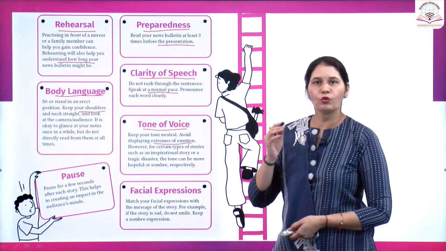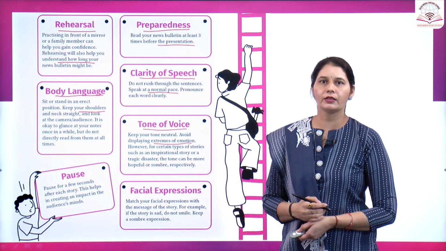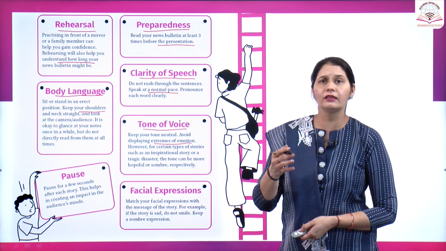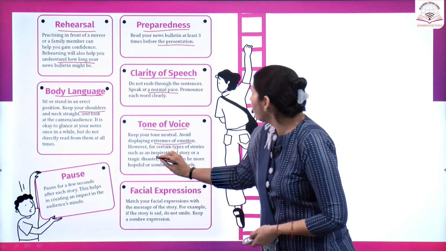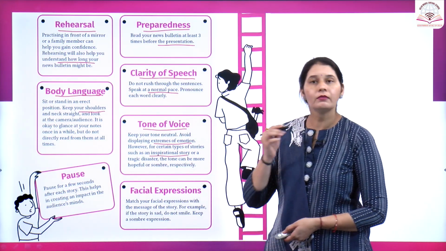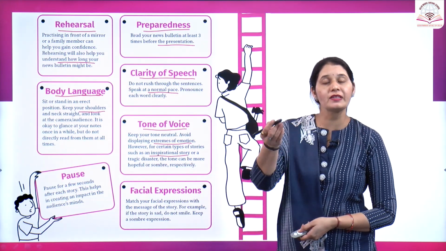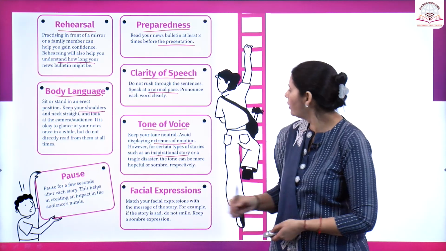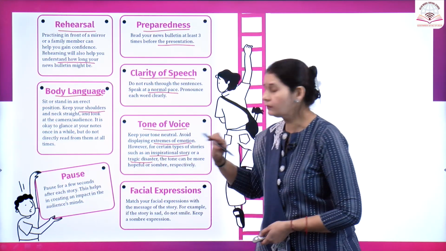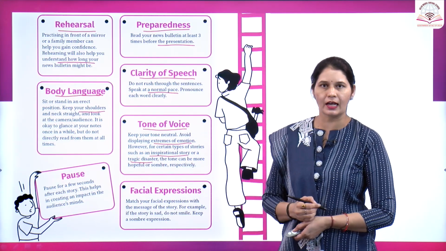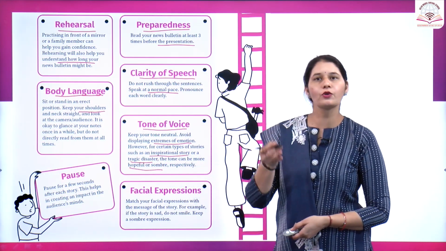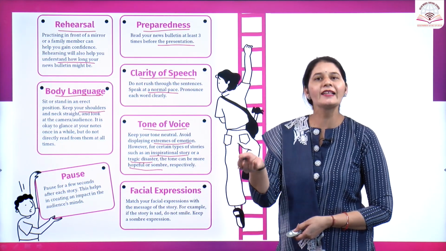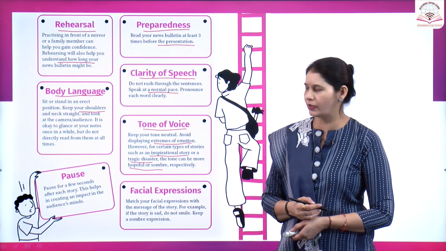Extremes of emotion should be avoided. You should not express either too much happiness or too much sadness. But there are some exceptions, whether you are presenting an inspirational story or a tragic disaster. At that time, you could be hopeful or somber, respectively, as the situation demands.